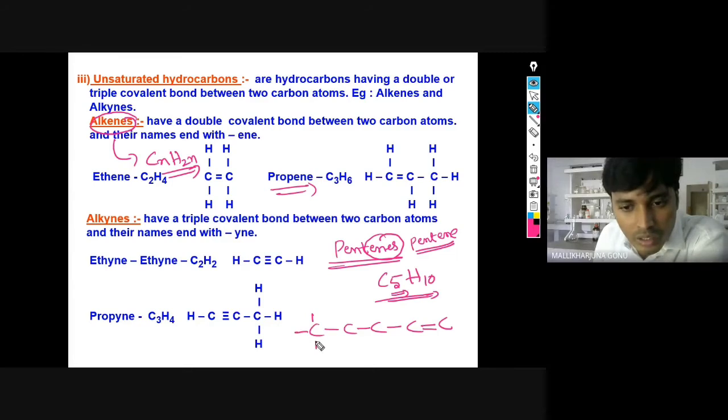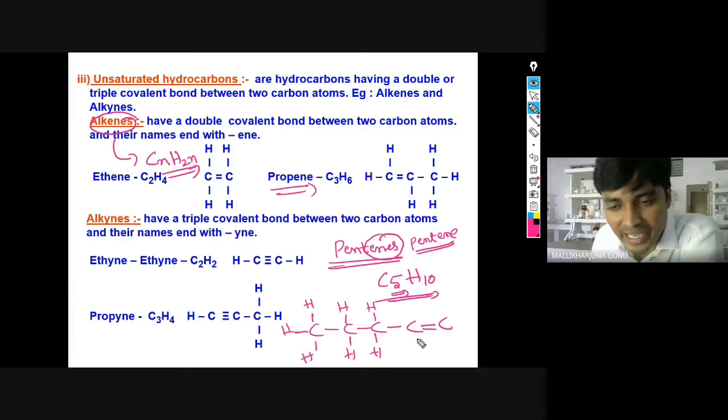I put 1, 2, 3, 4. Hydrogen, hydrogen, hydrogen. Here 2 bonds are there with this carbon, so 2 more I will put. Here 2 bonds are already there, so 2 more I will put. Here 1, 2, 3 are there. So how many hydrogens will come here, Neha? How many hydrogens can I write here?